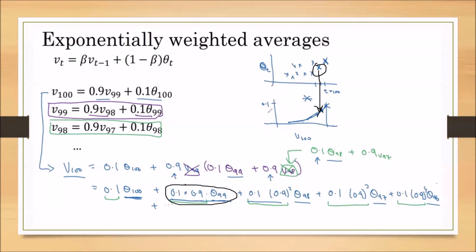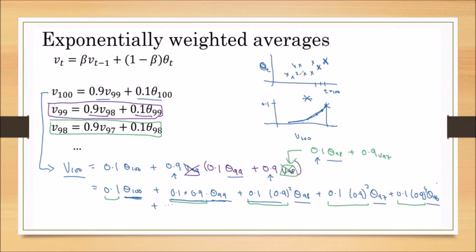It is the fraction 0.9 of 0.1. The second expression is also represented. Now the third expression, 0.1 into 0.9 square into theta 98. This is theta 98, multiplied with 0.1 into 0.9 square. You observe that it is decaying exponentially.